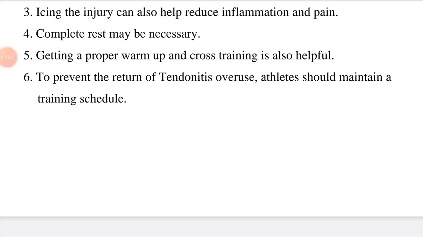Cross training is the practice of training in more than one role or skill. To prevent the return of tendinitis from overuse, athletes should maintain a training schedule, fixing the timing of performing a course of exercise.